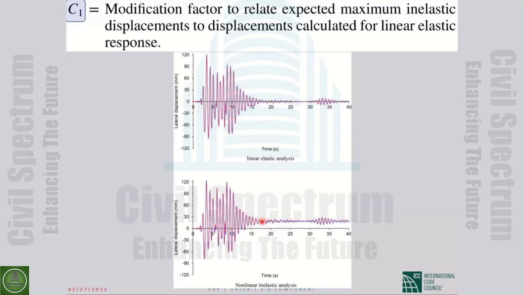After a while, you can see the building is damaged and moves on. So is it that much different?